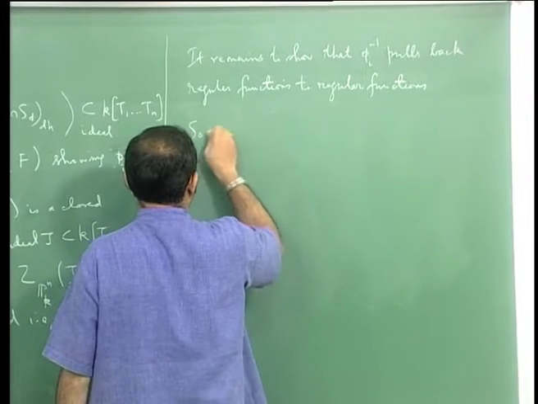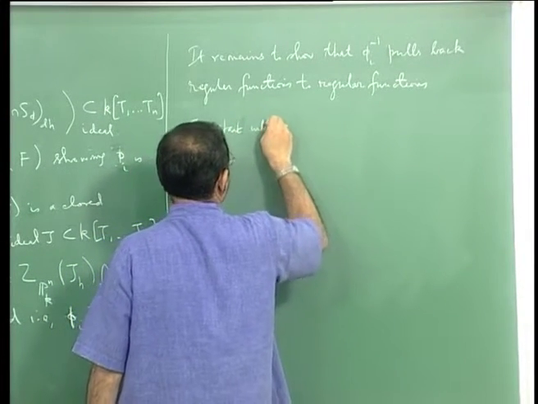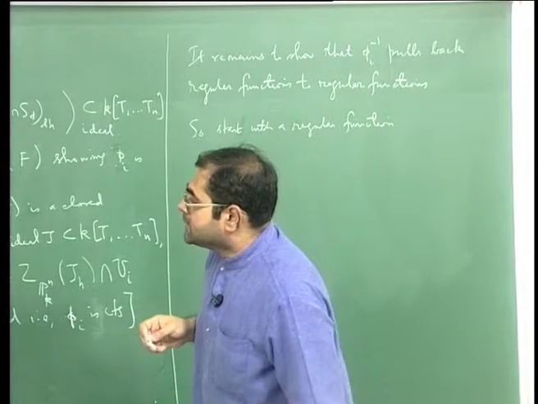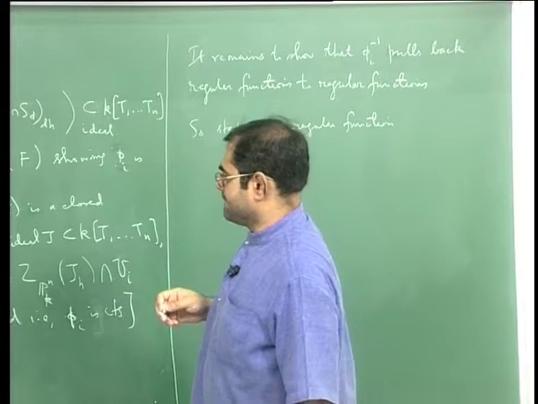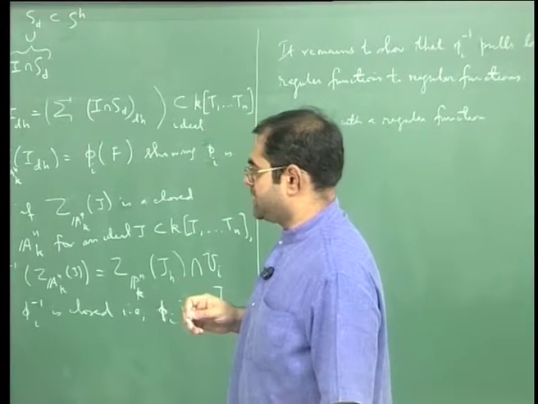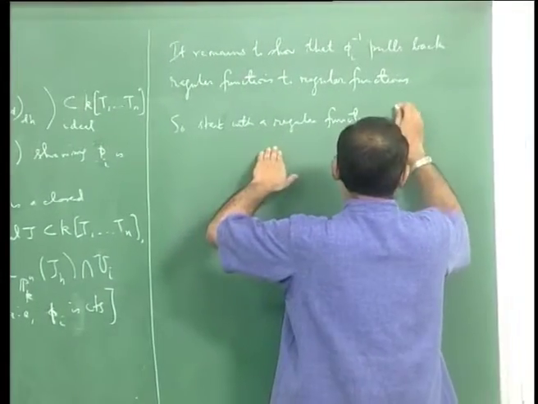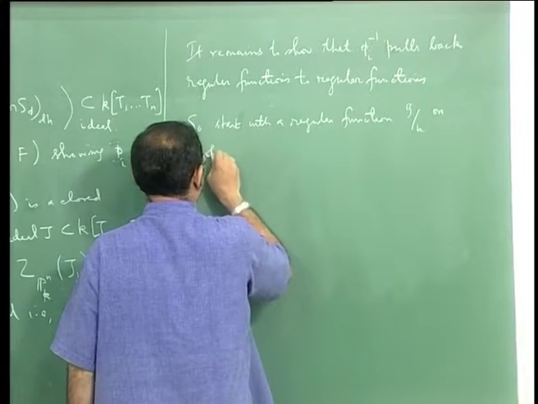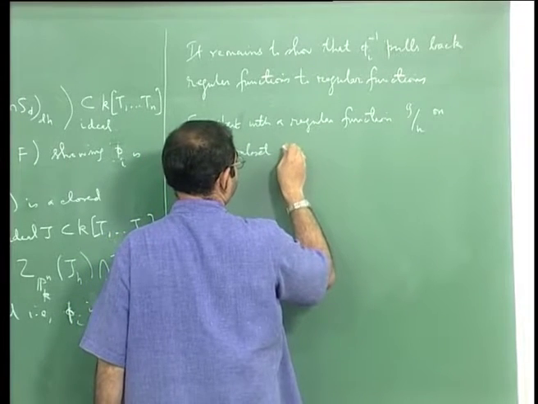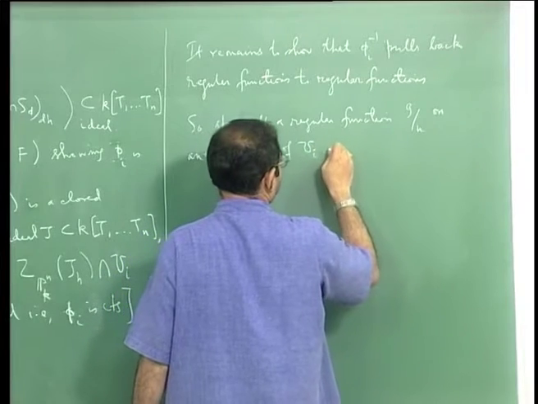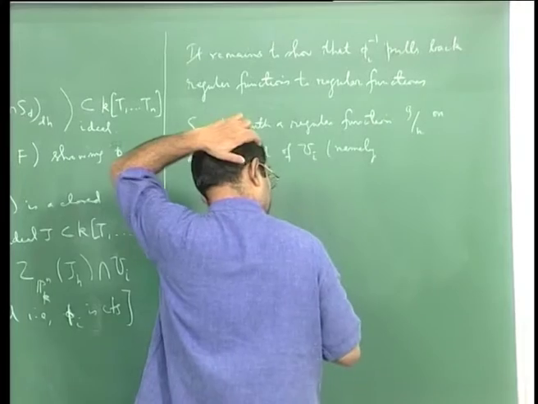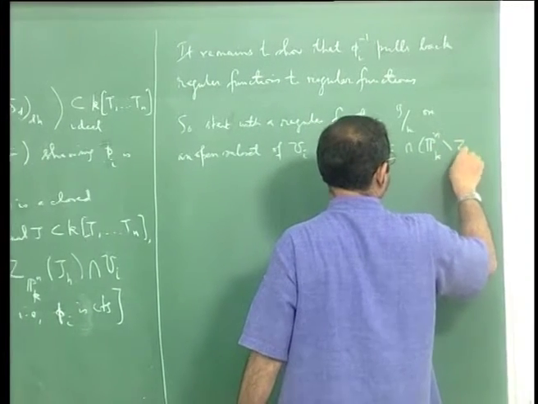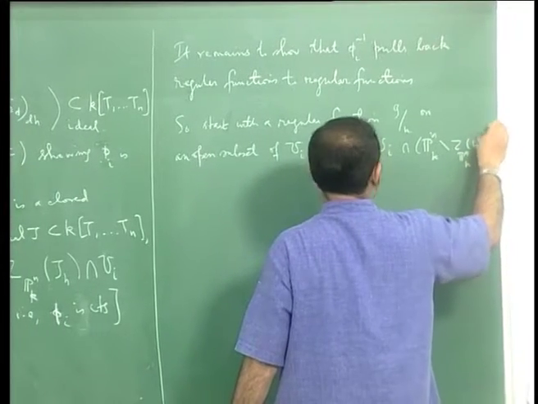Okay, so start with a regular function g/h on an open subset of Ui, namely Ui intersection projective space minus the zero set in projective space of H. Okay.